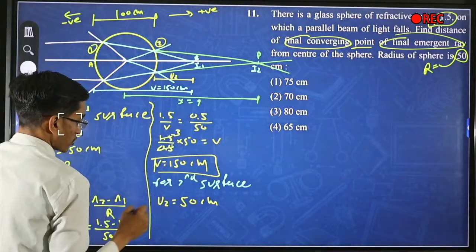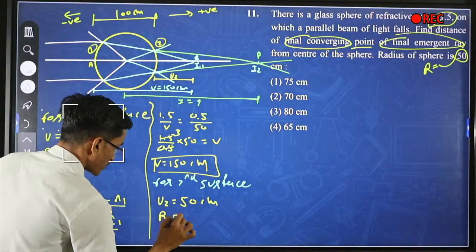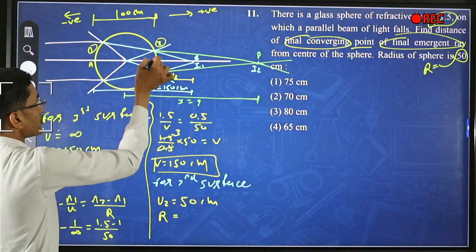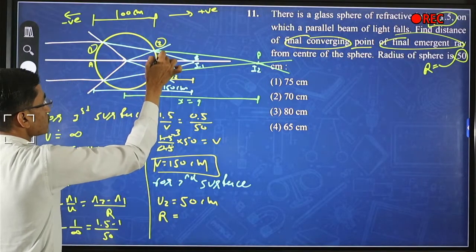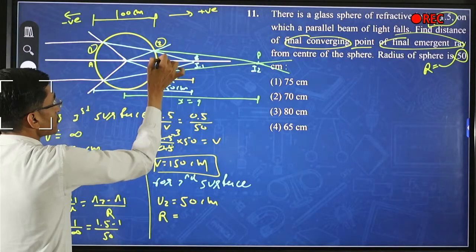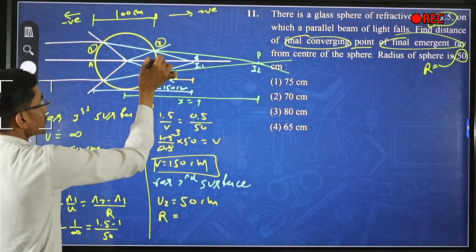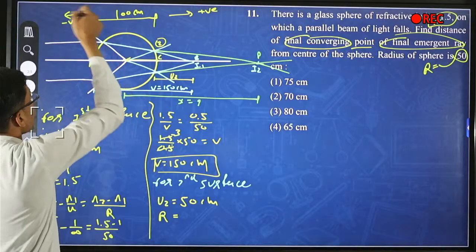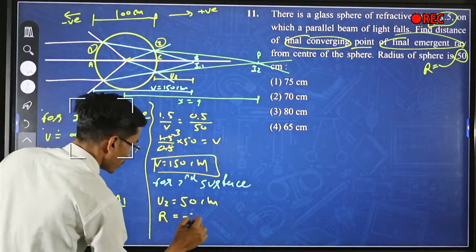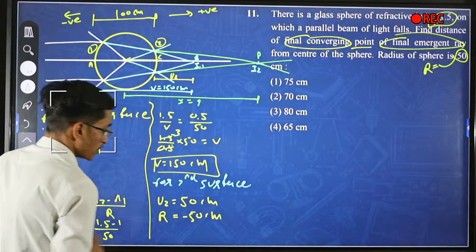For the second surface, the radius of curvature will become minus 50, because all distances are considered from this point, let us say C. The distance of this point is in the negative direction, so R will become minus 50 centimeter.